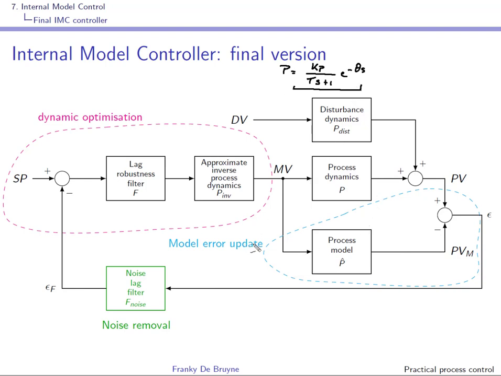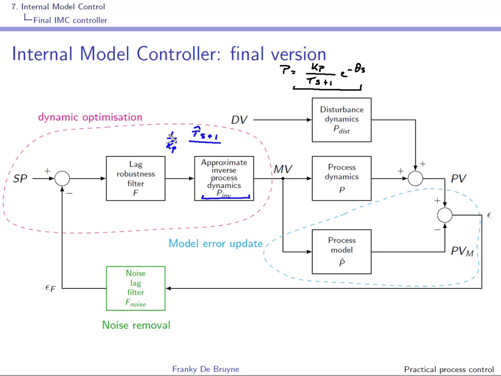So let us do this, and what we'll do is first look at the approximate inverse. Well, the delay we cannot invert, right? So we'll have to take the inverse of this one, and since we're using a model, we're going to have 1 over Kp hat T hat s plus 1, right? And this is this part over here.